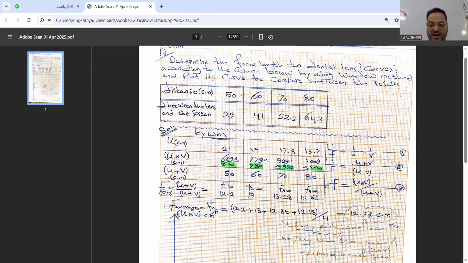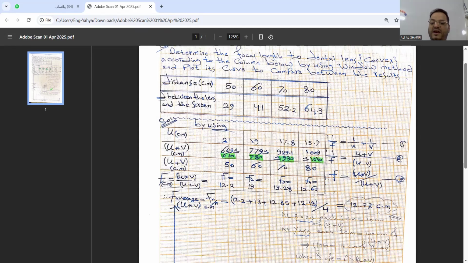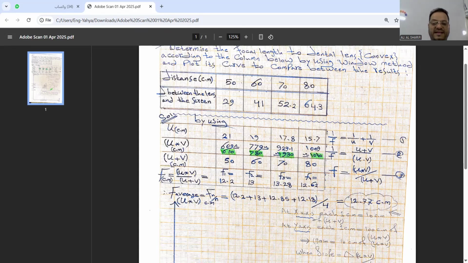That means after this number, I can put a dot and say the focal point is here. The light rays are converging at this point. Okay, this is the converging point. Now, the first method is done.